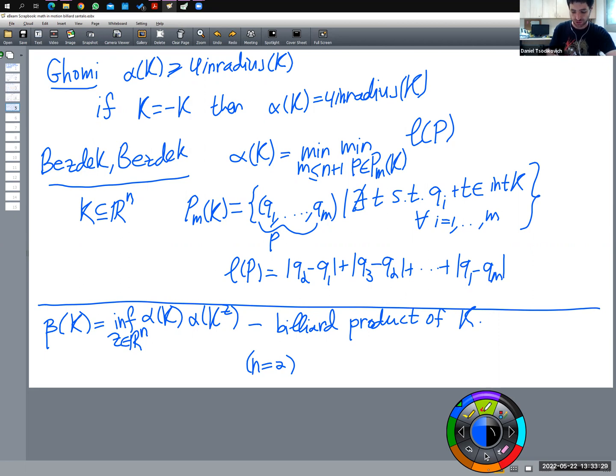But even unbounded domains can have finite billiard trajectories, for example if you look at a strip. If you have an unbounded domain like a strip, then you still have a closed billiard trajectory, which goes like this. So even if the dual is unbounded, you can still have closed billiard trajectories in it. So a priori, it's not clear that you can just restrict yourself to K, but in fact, it will be true. And we'll explain.